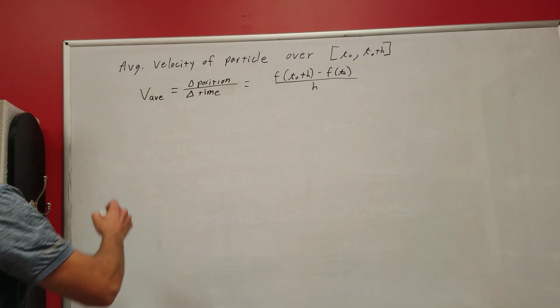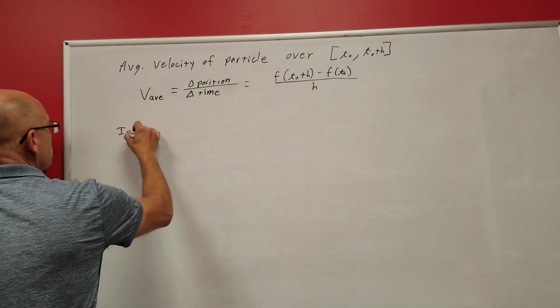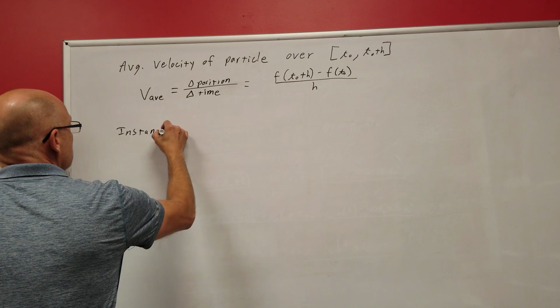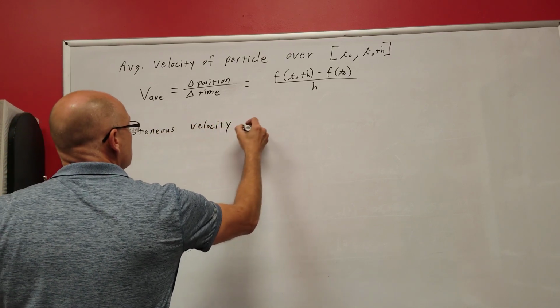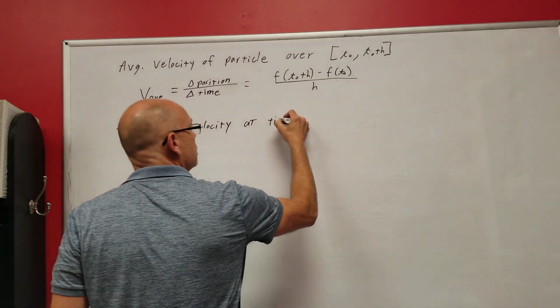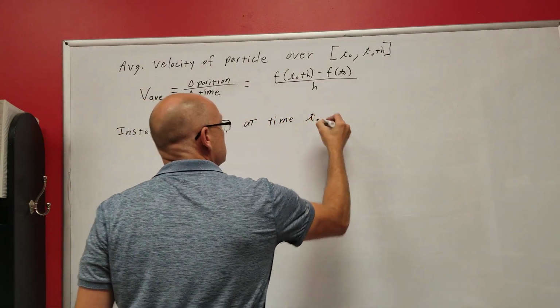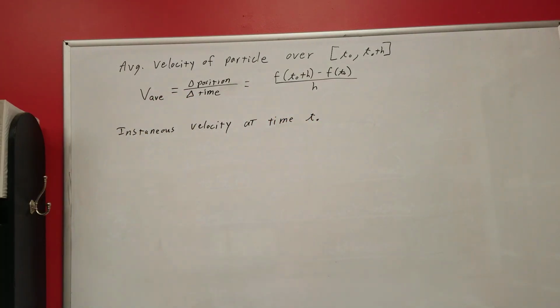Then it talks about your instantaneous velocity at time t naught. Instantaneous velocity at time t naught. And here's what it talks about for the instantaneous velocity.